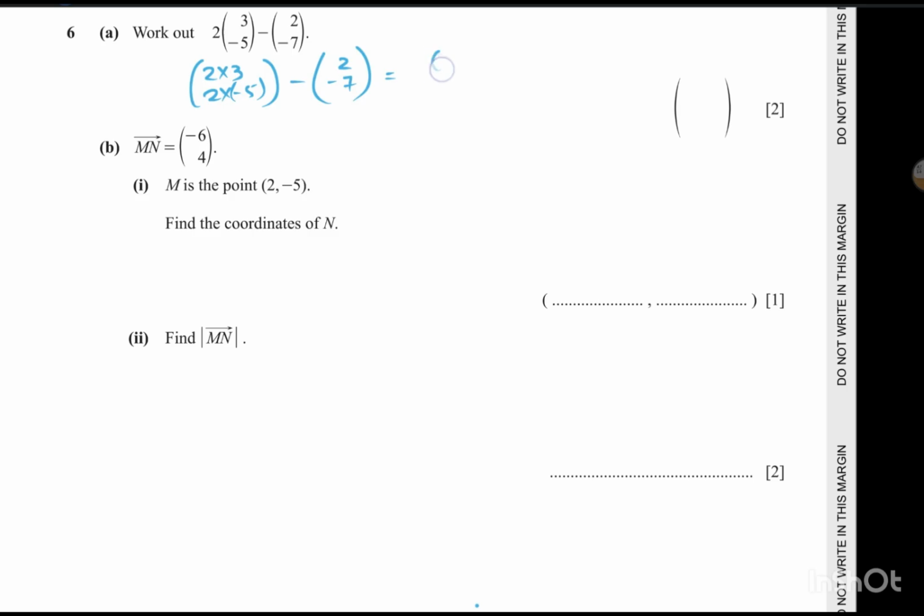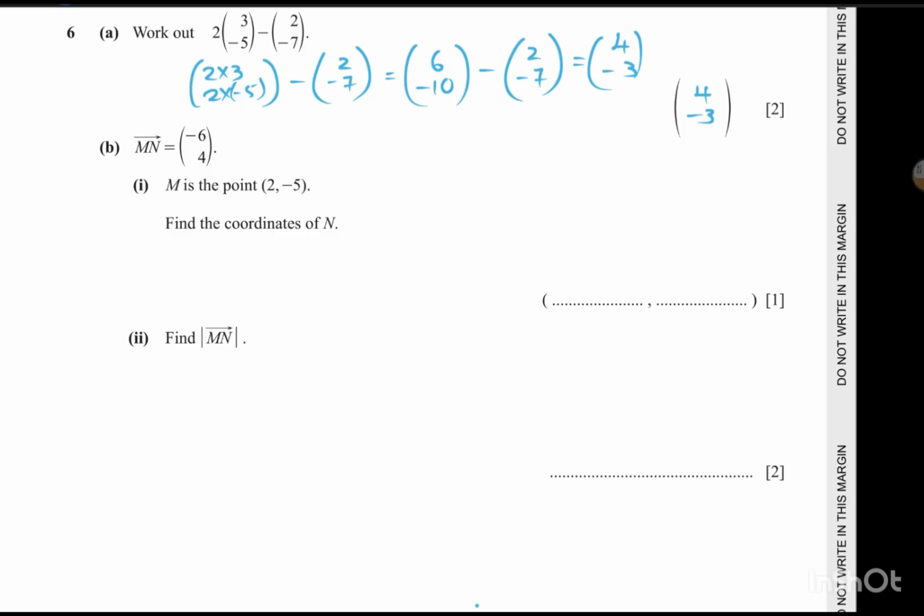So 2 into 3 is 6, 2 into minus 5 is minus 10, minus (2, -7). Now do 6 minus 2, which is 4, and minus 10 minus of minus 7 will be minus 10 plus 7, so minus 3. So (4, -3) is the answer. Question number A is done.